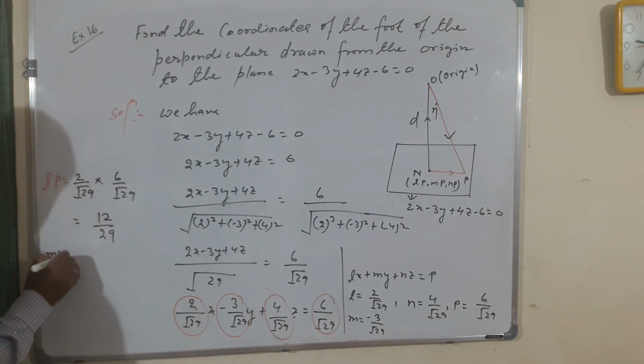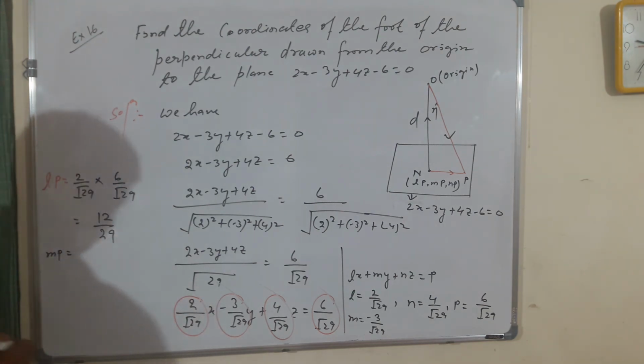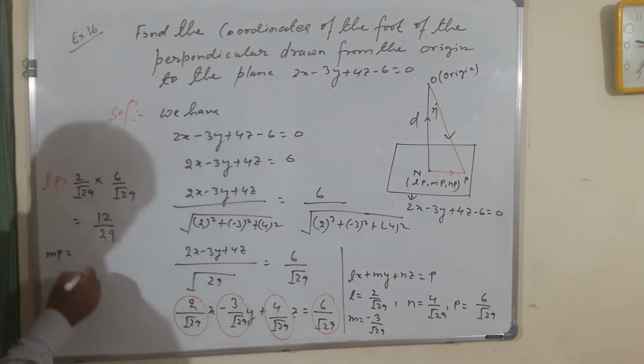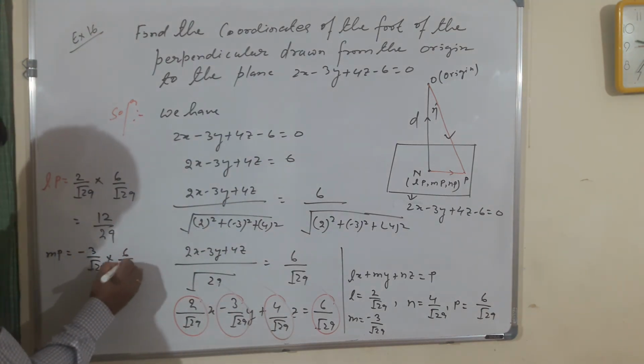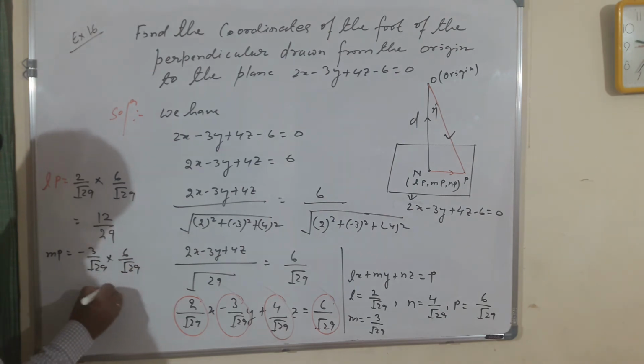MP is minus 3 by root 29 into 6 by root 29, which is minus 18 by 29.